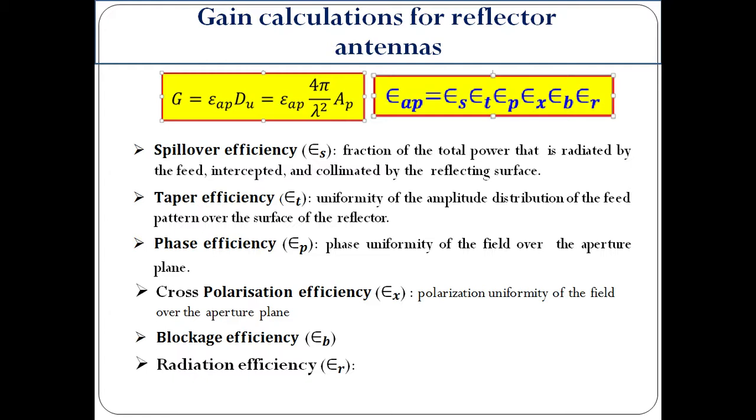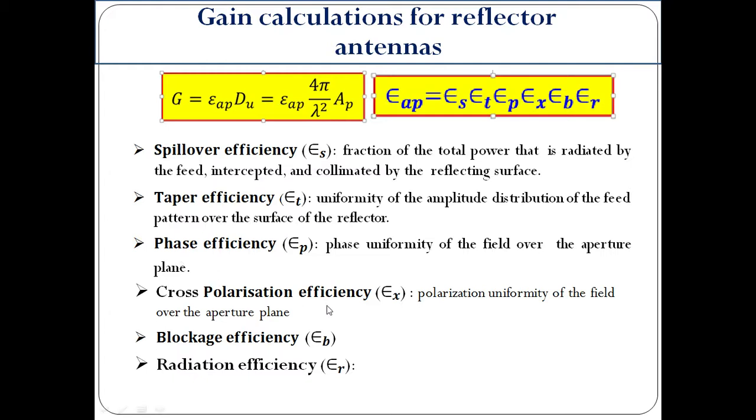If it is not properly chosen, that affects phase efficiency. The amplitude distribution and the phase distribution over the reflector surface should be uniform. If it is not uniform, that results in lower phase efficiency.